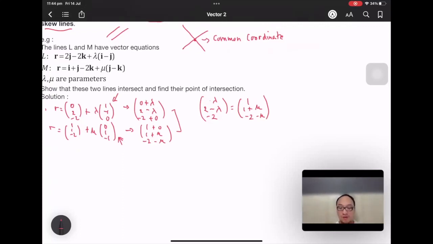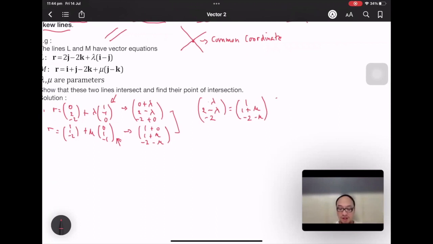From the first row, we can see that lambda is equal to 1. And from the third row, negative 2 equals negative 2 minus mu, so mu equals 0.